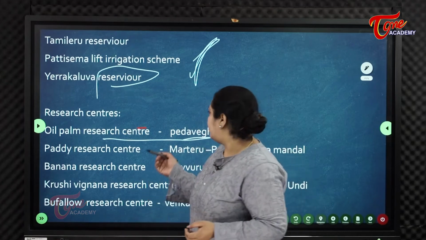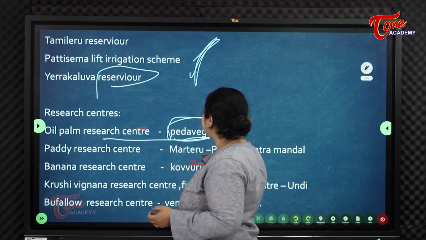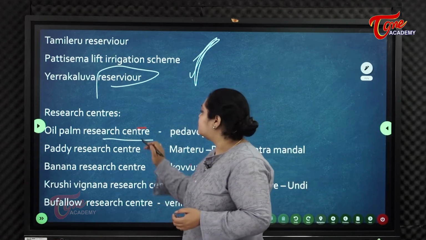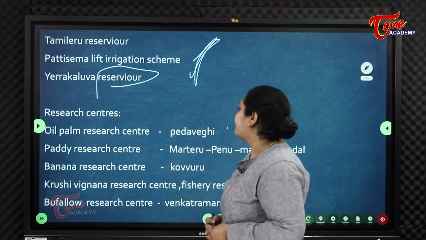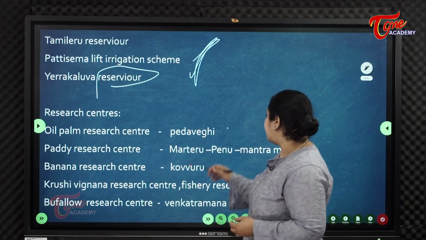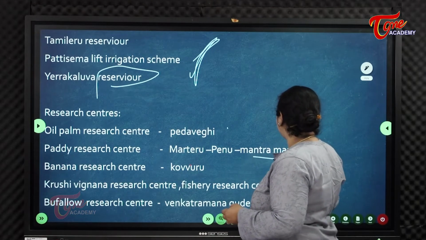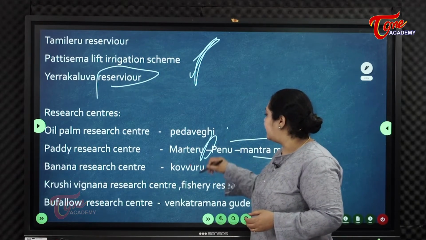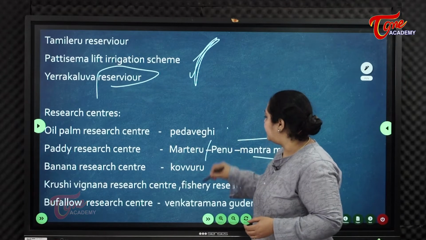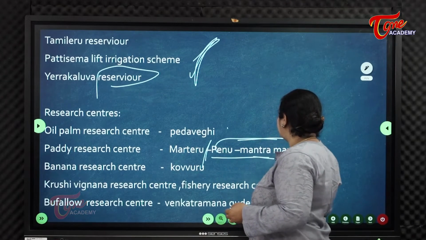They have constructed one research center near Pedavegi for oil palm research. Next, the paddy research center is in Marteru, in Penu Mantra Mandal.